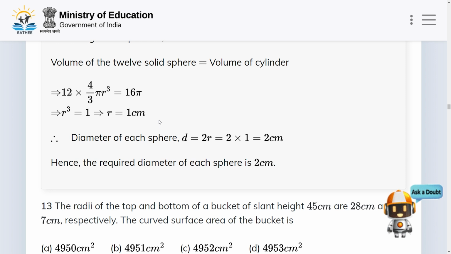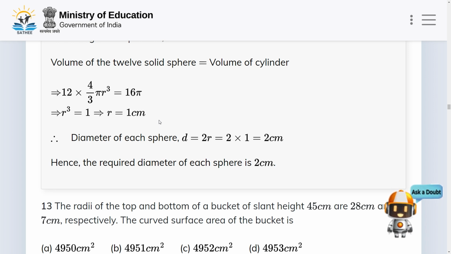Therefore the diameter of each sphere d is equal to 2 times radius r, that is 2 times 1, and this is equal to 2 centimeter. Hence the required diameter of each sphere is 2 centimeter.